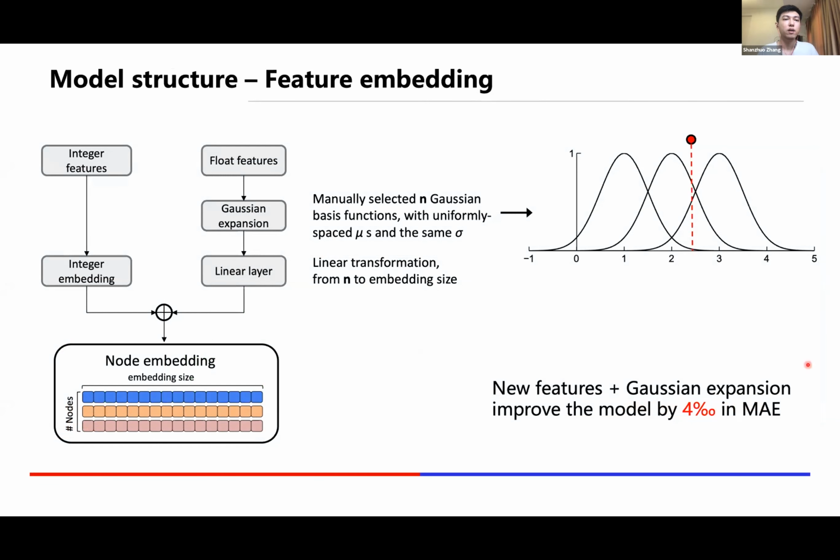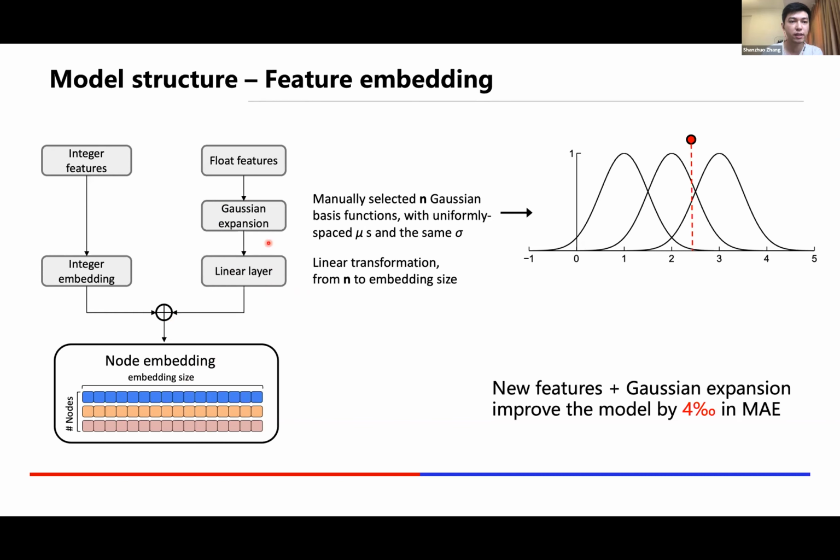So if we just put these floating point features and concat them at the end of the node embedding, we will find the model very heavily overfits to these floating point features.